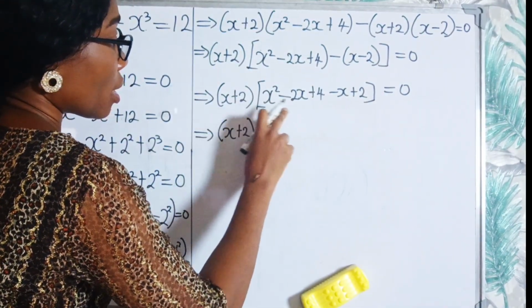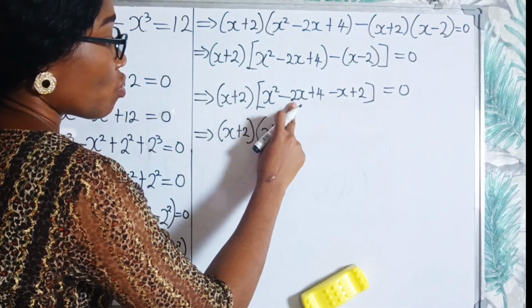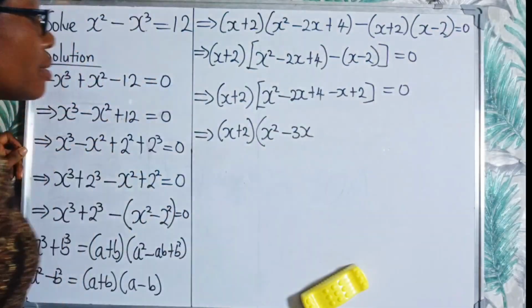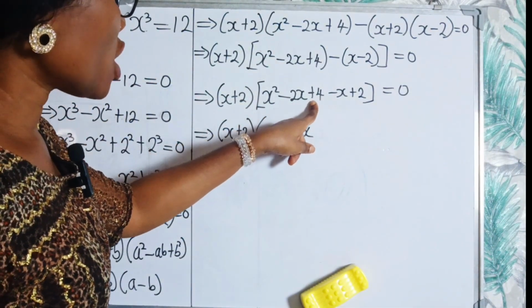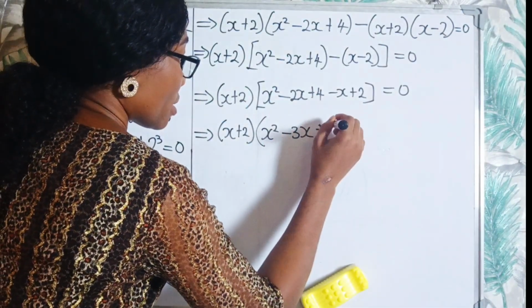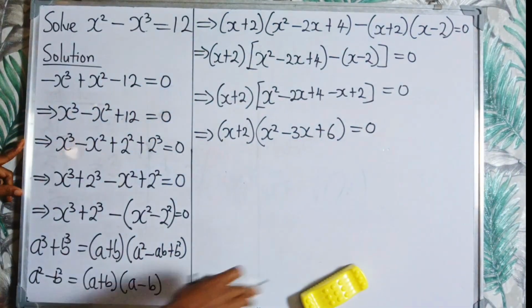into x squared minus 2x minus x is minus 3x plus 4 plus 2 is plus 6, and this is equal to 0.